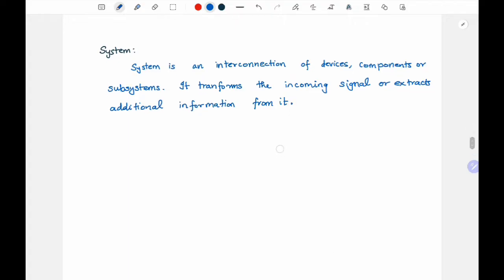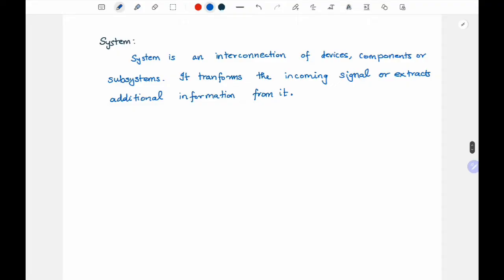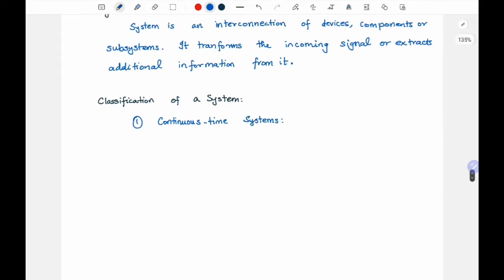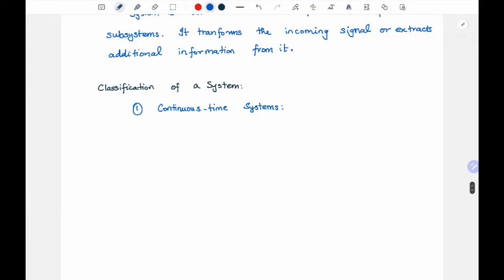So for our discussion, we broadly classify the system into two types. So classification of systems. The first one is continuous time systems. As the name indicates, it takes a continuous time signal as an input and delivers a continuous time signal as an output.